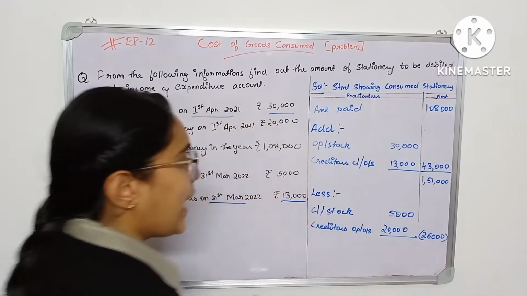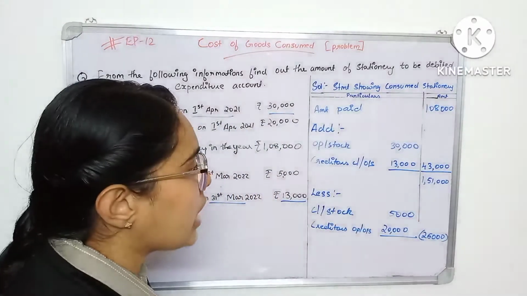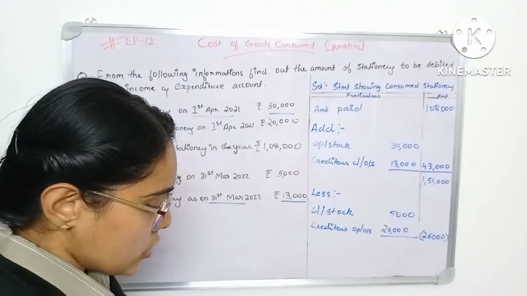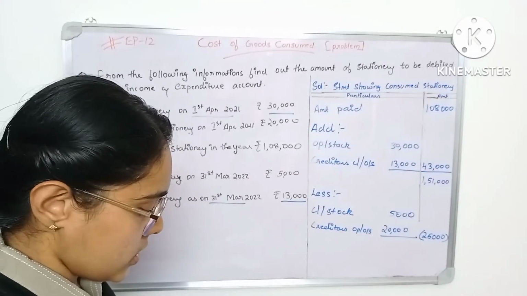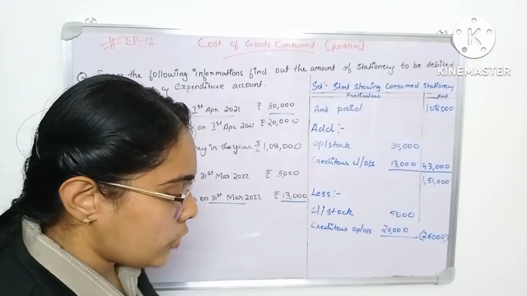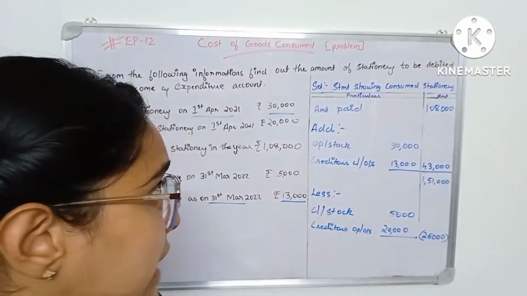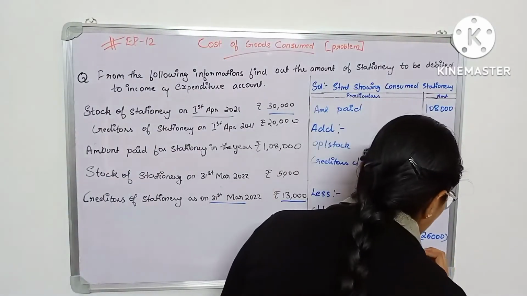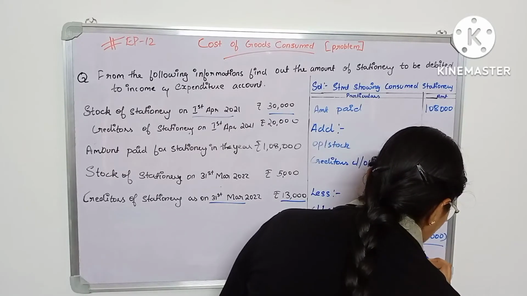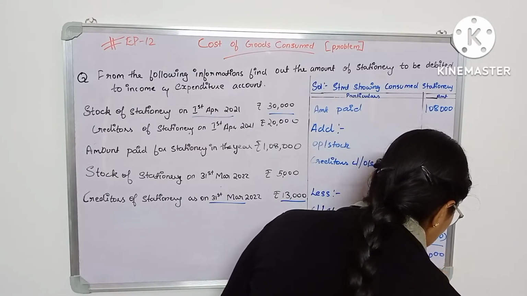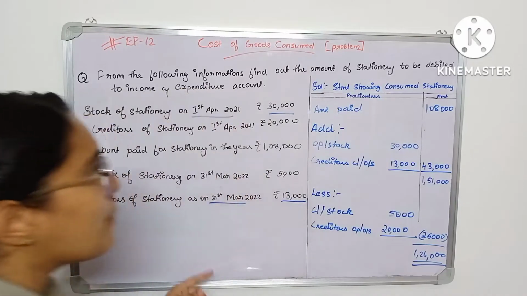So how much you will get? 1,51,000 minus 25,000. So you will get 1,26,000. You will get a total of 1,26,000.